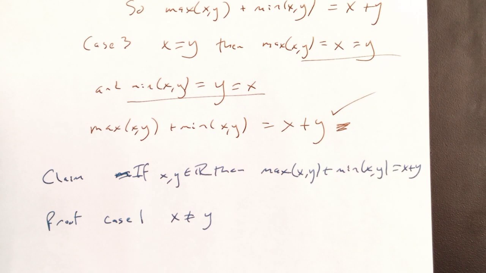I'm going to pick one. And I can do that and still have the proof be as general as possible. So the phrase we use is without loss of generality. Assume which one is going to be bigger, which one is going to be smaller.